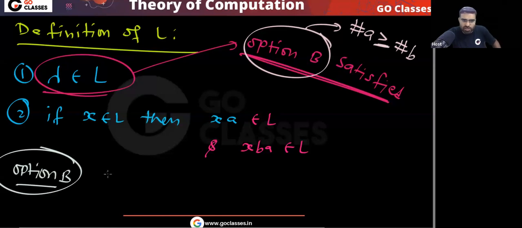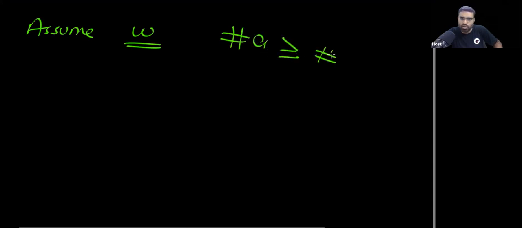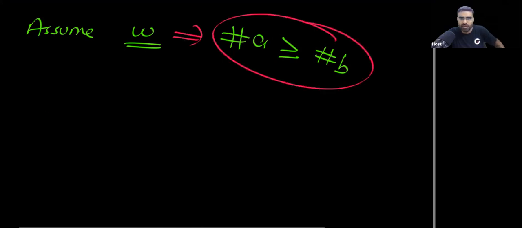Then what you are doing, notice. Please tell me, if W, you have a string, let's assume. Assume W has more A's, meaning the number of A's is greater than or equal to the number of B's. There is a string W in which you have this.